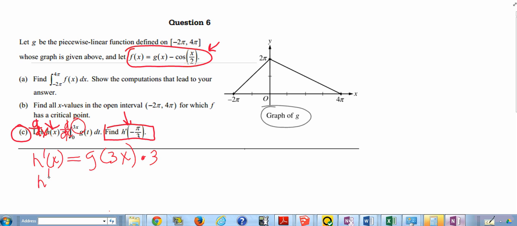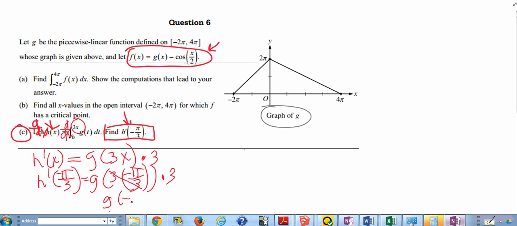And then they want us to evaluate h at negative pi over 3. So we just plug in g of 3 times negative pi over 3 times the 3. So inside this portion you have the 3's canceling out, and you just want to find the graph value at g of negative pi, and then we're going to multiply that by 3, and that's going to give me the derivative value at negative pi divided by 3.